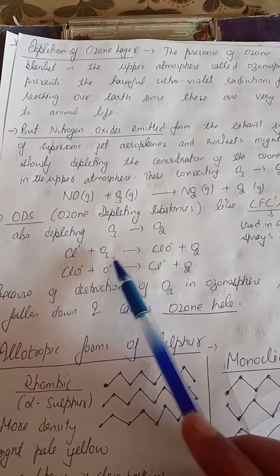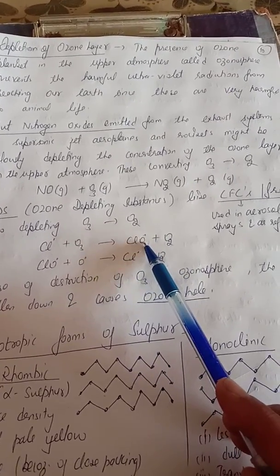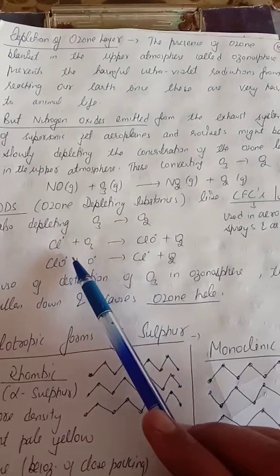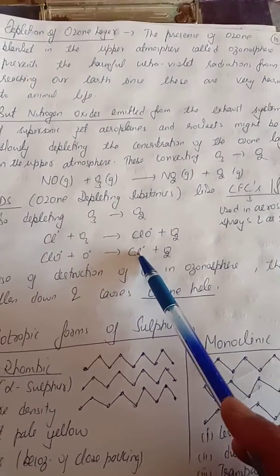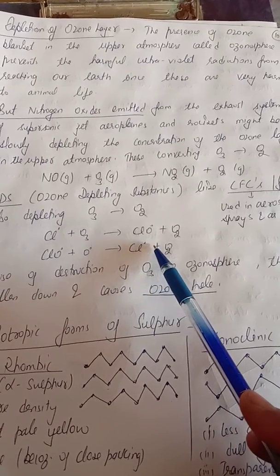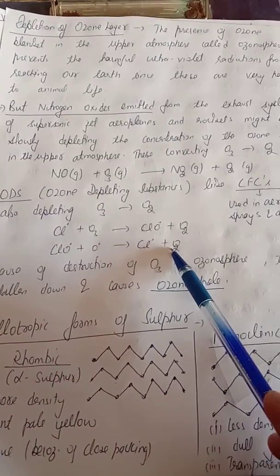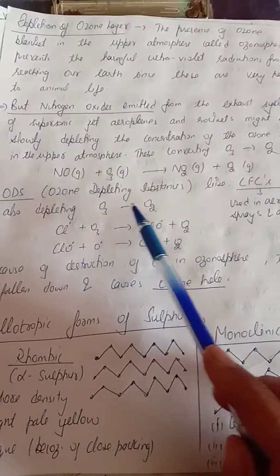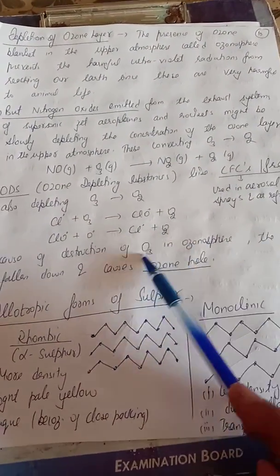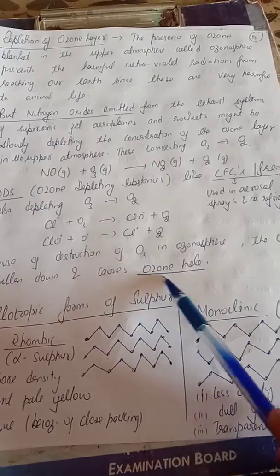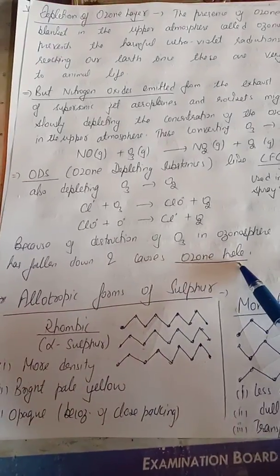When combined with ozone, it will give us the ClO free radical, the chlorine oxide free radical, with oxygen. Then again this reaction proceeds and we get a chlorine free radical. This chlorine free radical, when combined with another chlorine free radical, gives us chlorine gas with oxygen gas. So ultimately ozone is depleted to oxygen, and that's the main reason for the formation of this ozone hole.